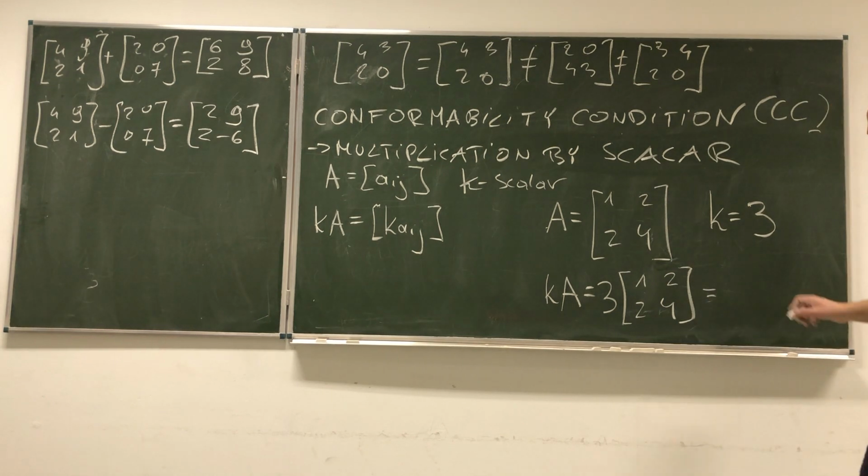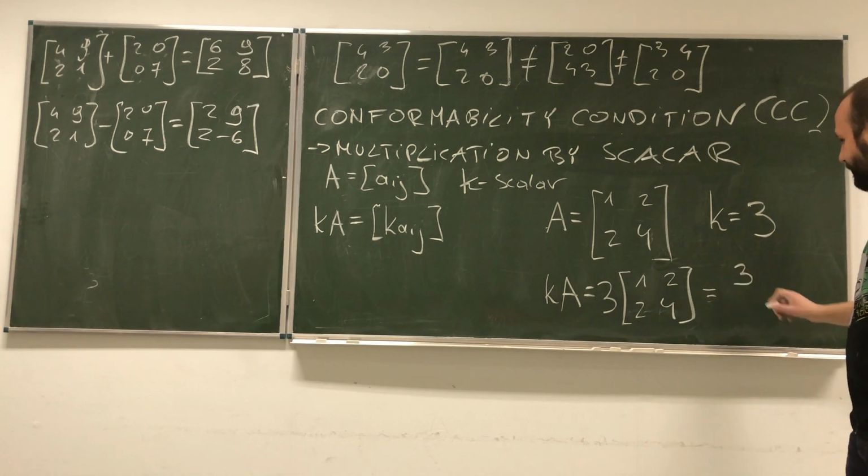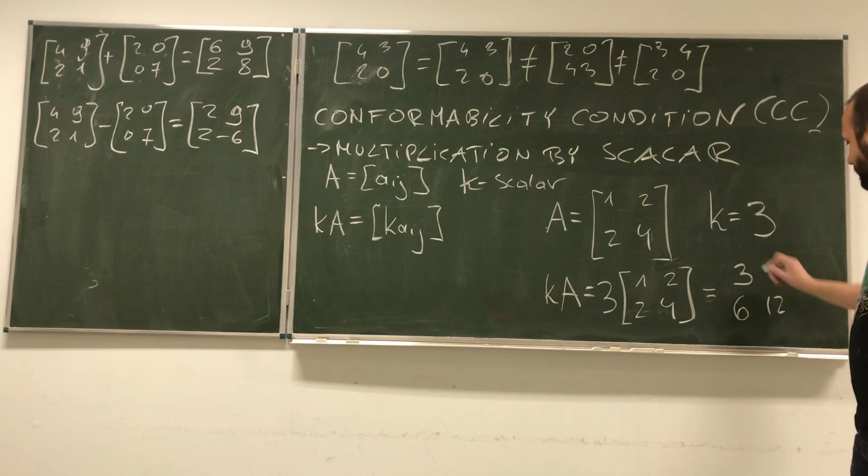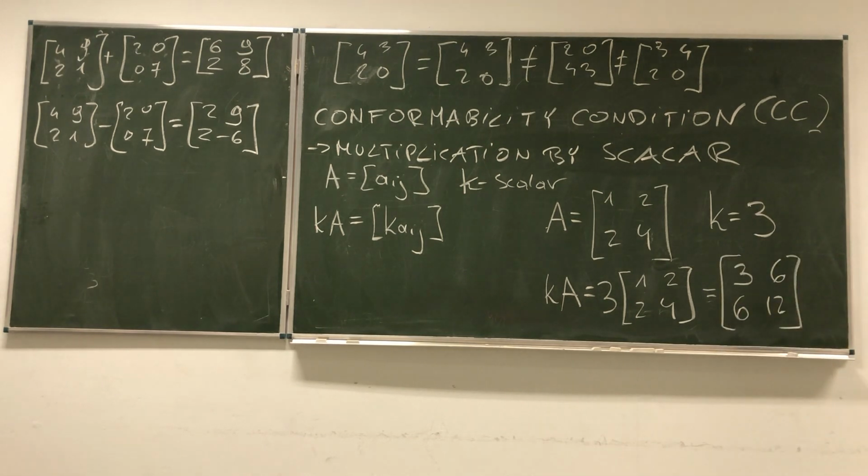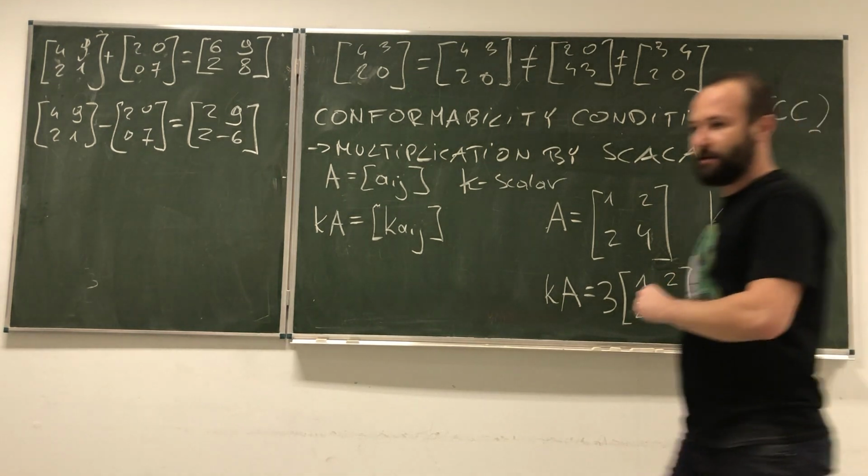So what I get is 3, 6, 6, and 12. Look what happened. Each element inside this matrix is 3 times bigger. So can we say we scaled it up? Definitely.